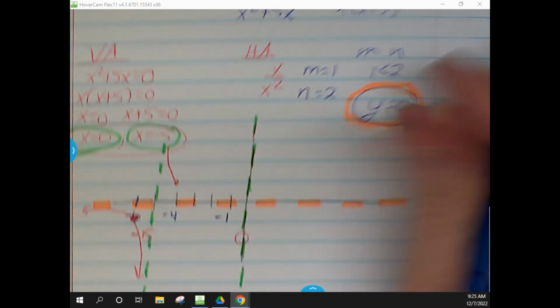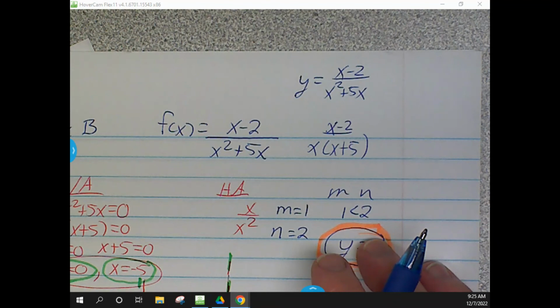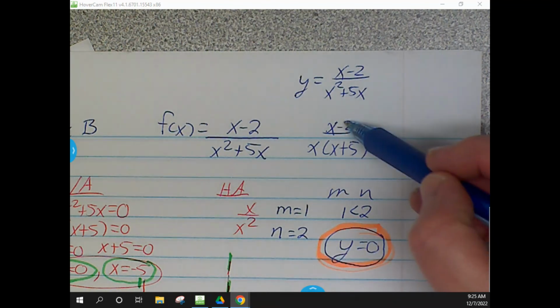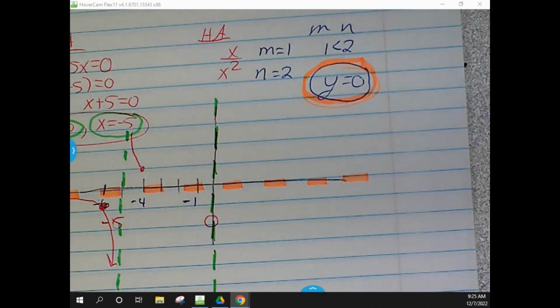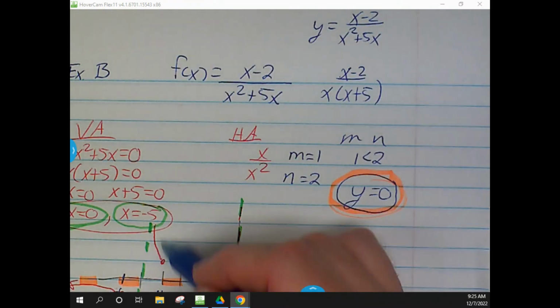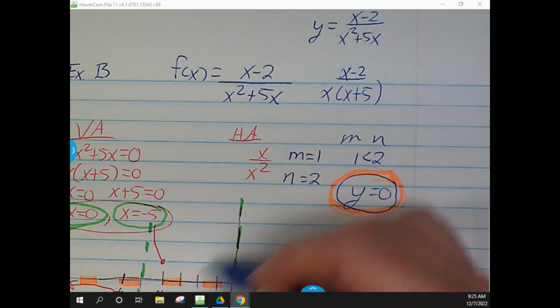So back up here in the beginning, if we had factored this, if we had an x minus 2 here, or an x plus 5 and x plus 5, and these had canceled out, we actually could have had a hole in the graph right here. This thing could have found a hole and gone through. But we didn't have this to cancel out, so there shouldn't be any holes. So everything should be up here, but we're going to double check just to make sure.